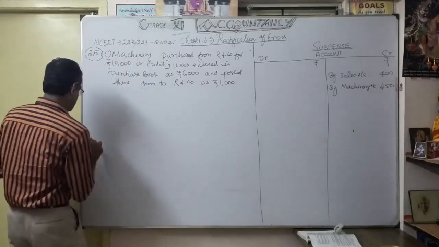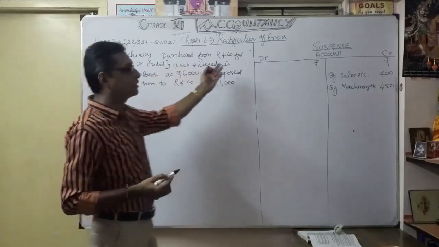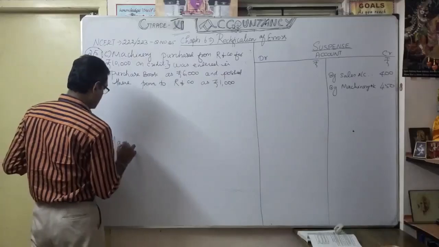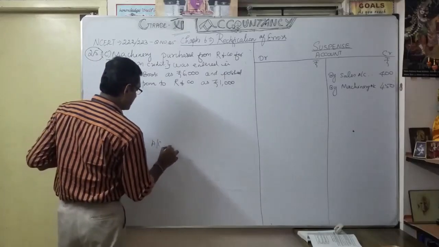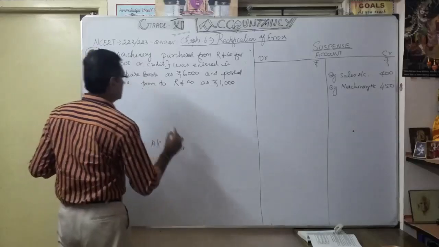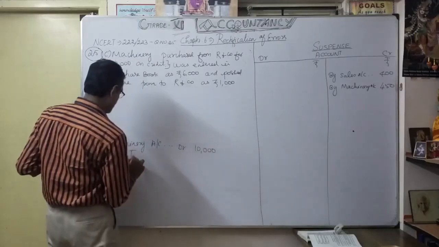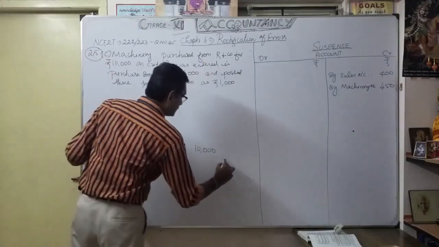First I will write the correct entry for your understanding. Machinery purchased from R&Co means what? Machinery account debit 10,000, to R&Co. That's what the correct entry is supposed to be.